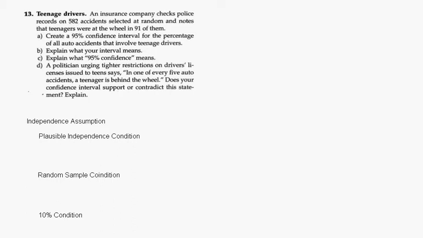So I'm just going to record some of this stuff. The sample size is 582, and it notes that teenagers were involved 91 times. So success, in a strange way, is going to be defined as accidents that involve teenagers. From here we can see that our p hat is going to be 91 out of 582.